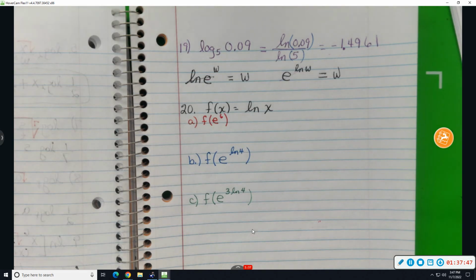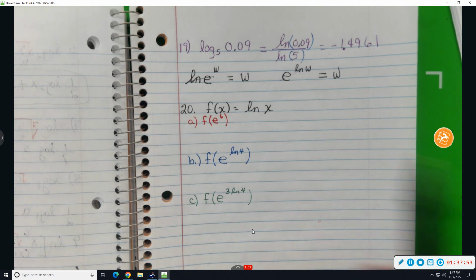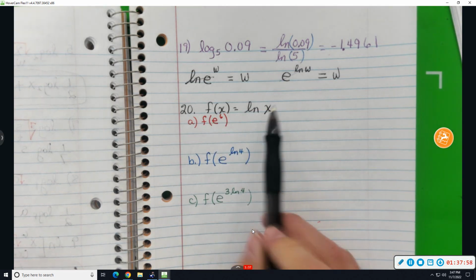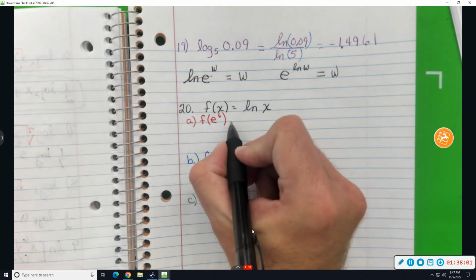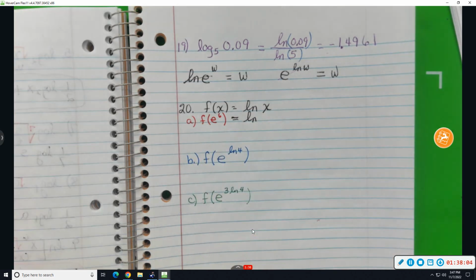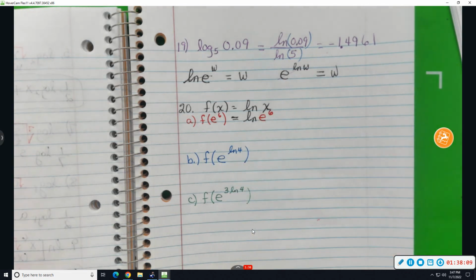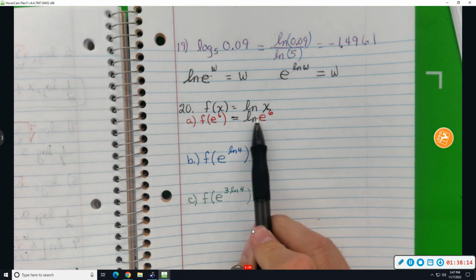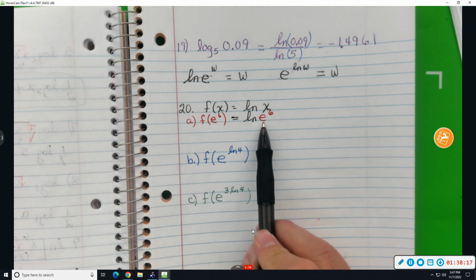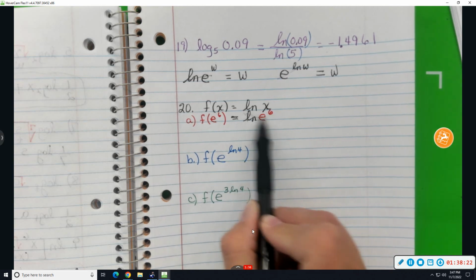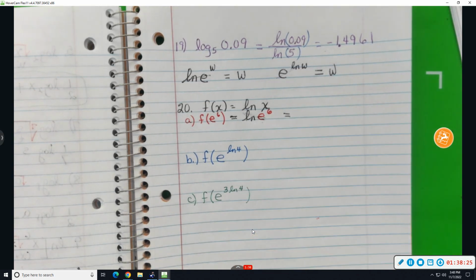Well, with function notation, way back when we started these functions a few weeks ago, we said whatever's in the parentheses, you plug it in for x. So if I come over here to this black x and put in the red e to the 6th, we have ln and e side by side, so they cancel each other out, leaving us just a red 6.